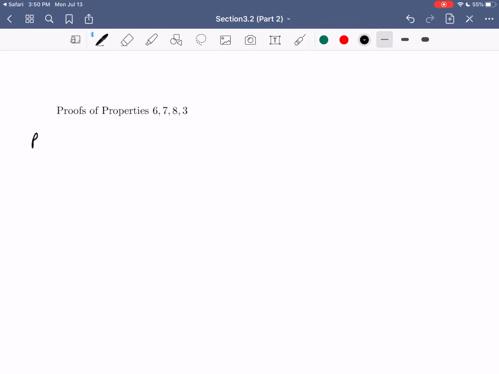So for P6, we're going to assume matrix A has the same rows as B and C except in row r.